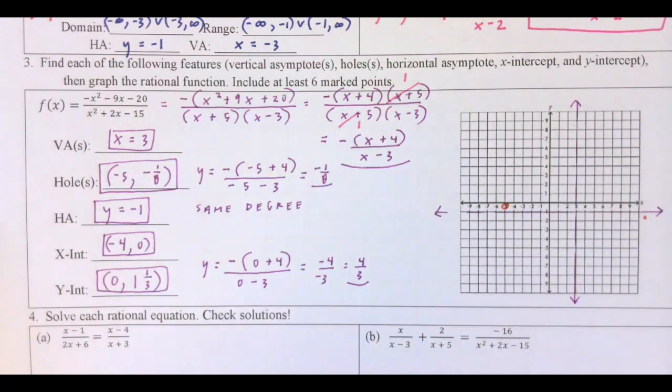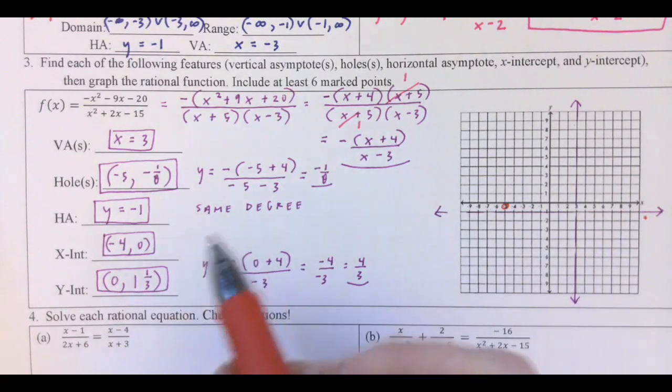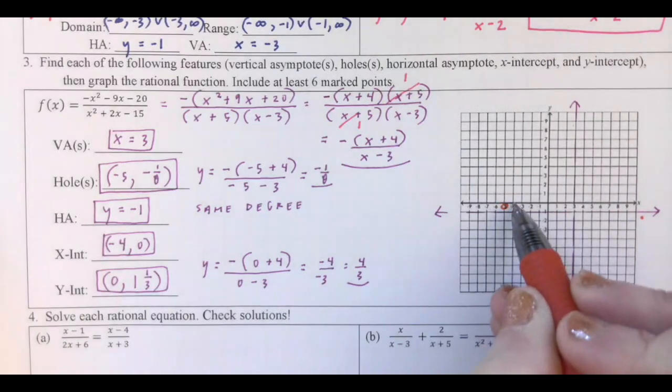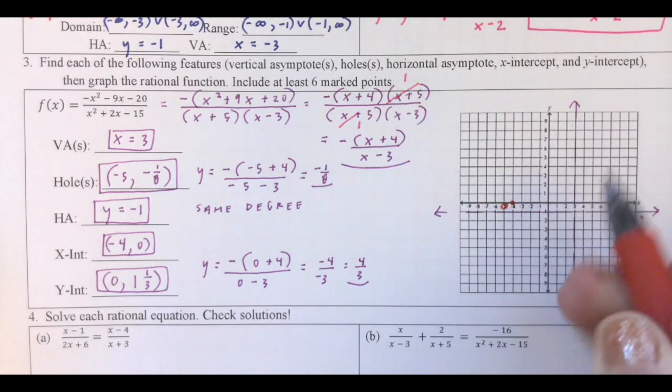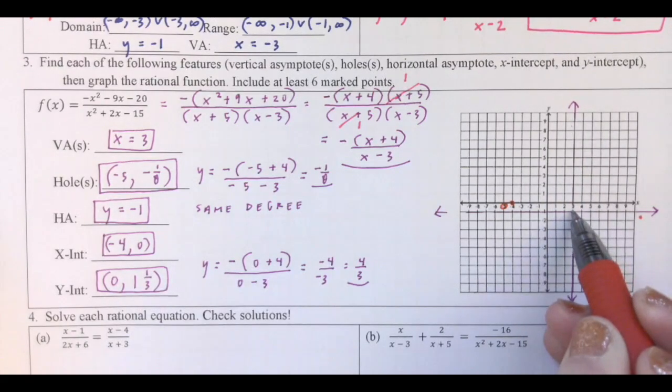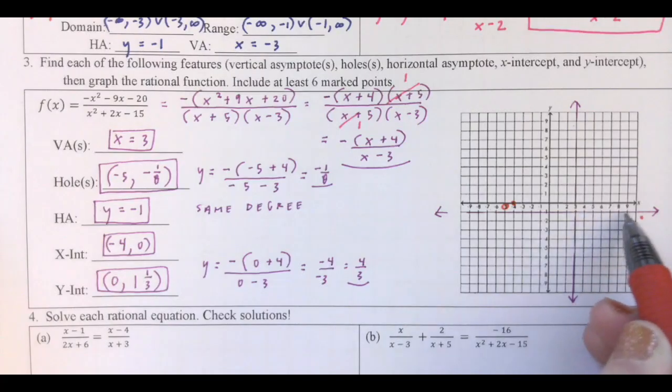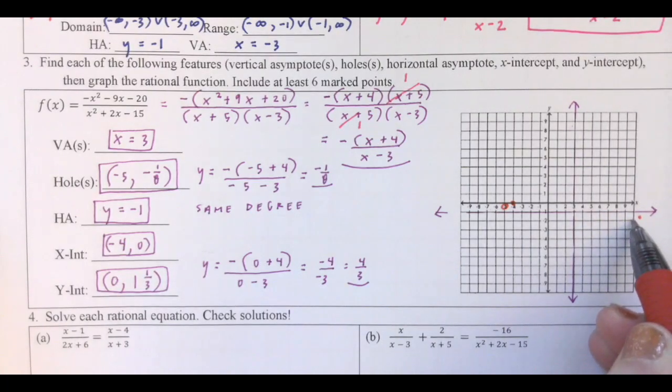Close enough. Okay, then my next point to plot would be the x-intercept, (-4, 0), so it puts me right here. From where the asymptotes cross, that's left 7 and up 1, so I need to go right 7 and down 1. Puts me right there.